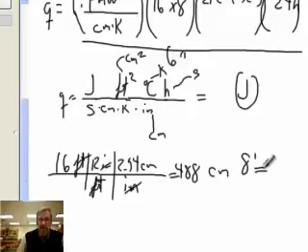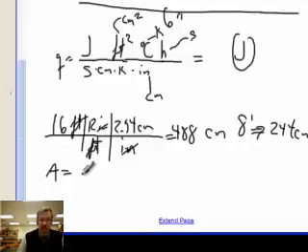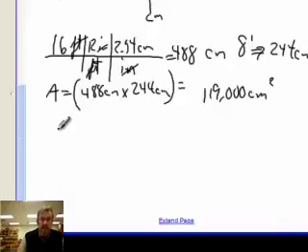So 8 feet converts to 244 centimeters. So the area of our wall is going to be equal to 488 centimeters by 244 centimeters, and that area is just 119,000 square centimeters.